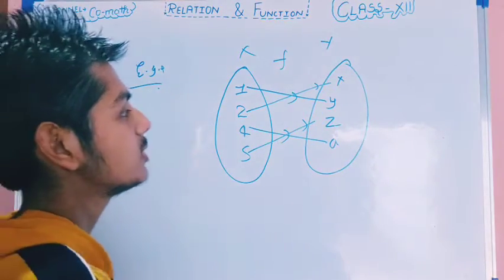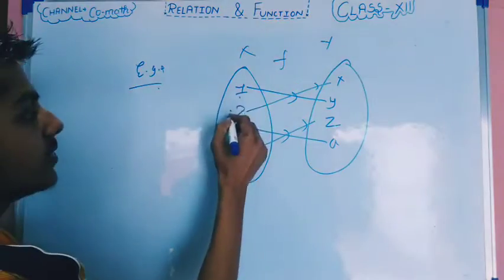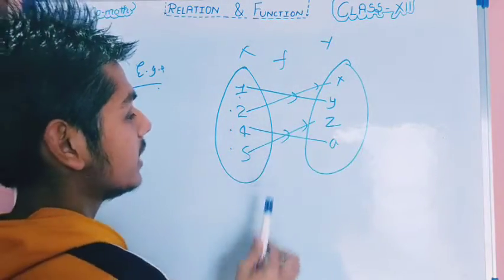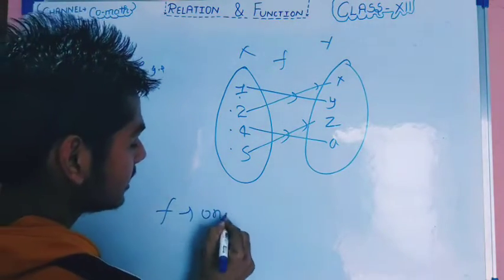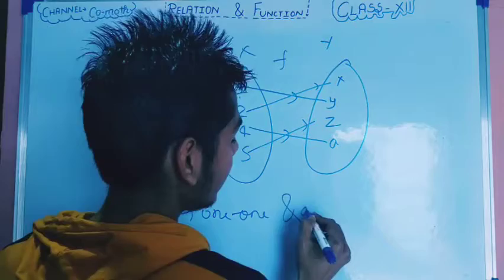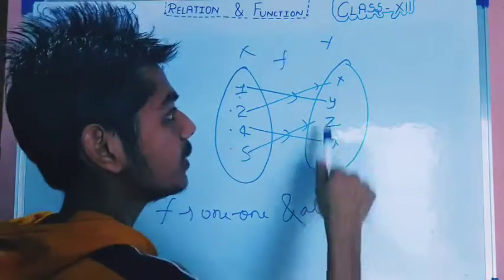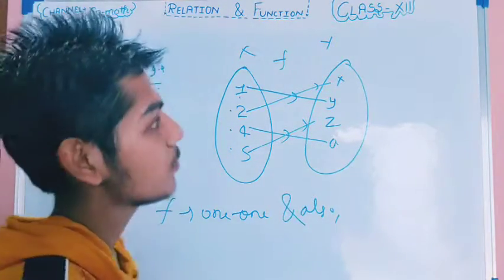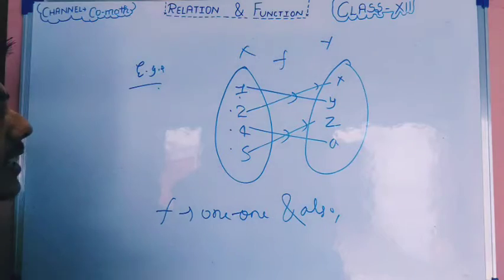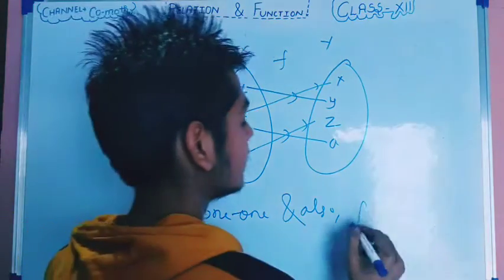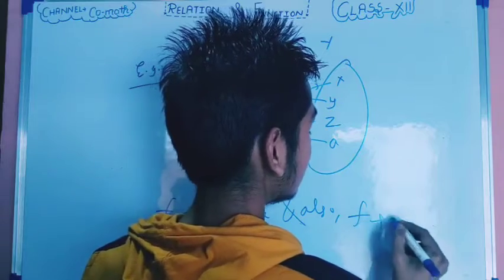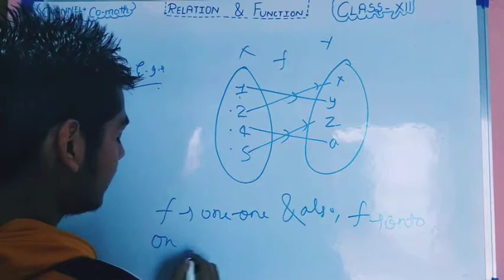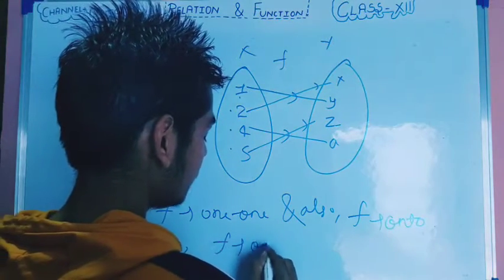So here you observe that for each different element of the domain x, we have a different element in the codomain. So function f is one-one, and also every element of the codomain y acts as an image for some element of the domain x. Hence, function f is also onto.